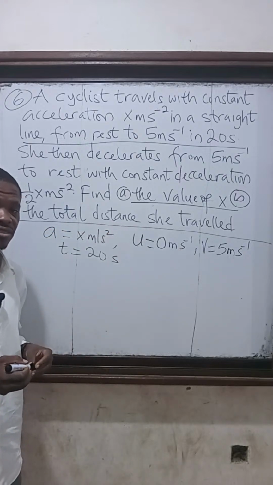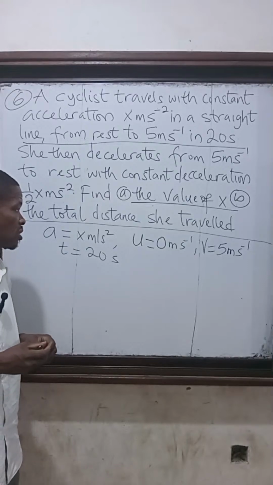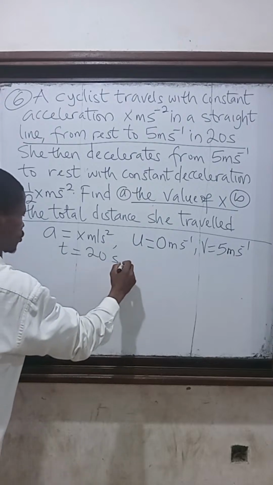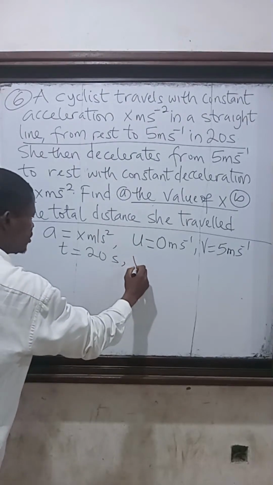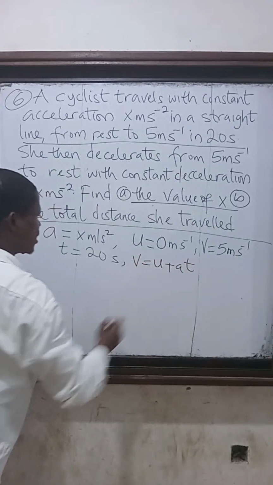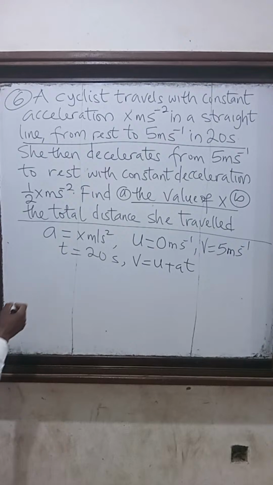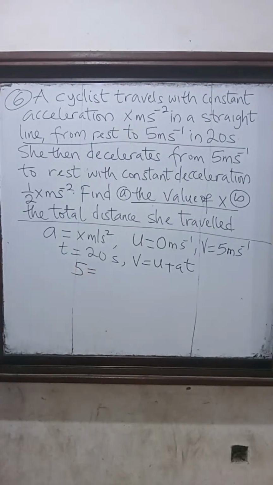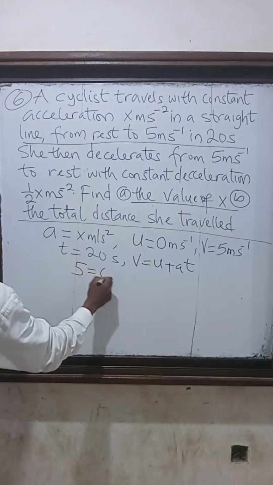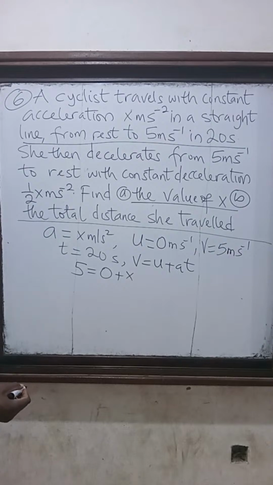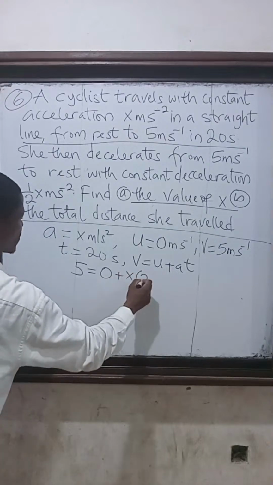The total distance traveled. What we are going to do now is find the acceleration using this equation. v is 5, initial velocity is 0, acceleration is x, times t, which is 20.